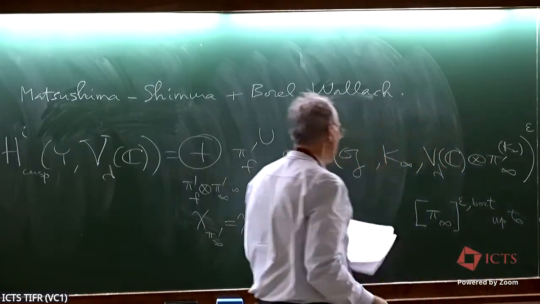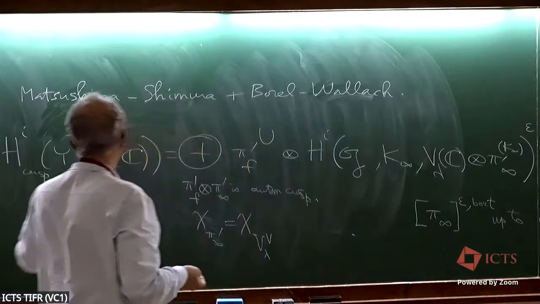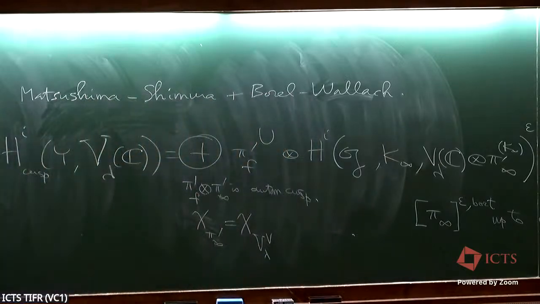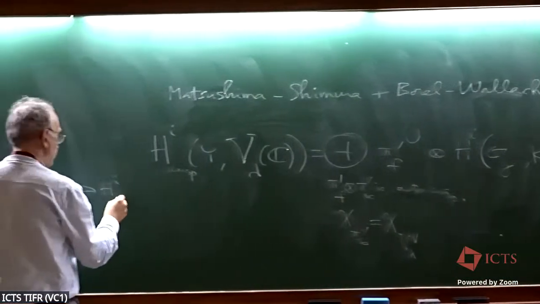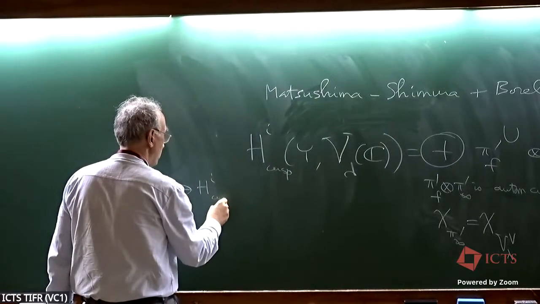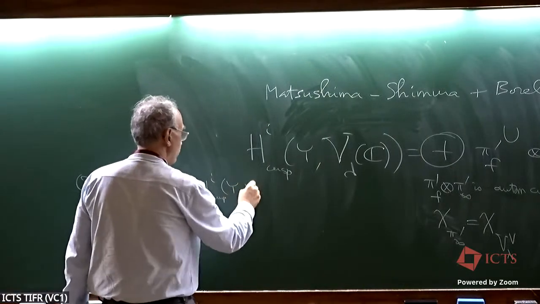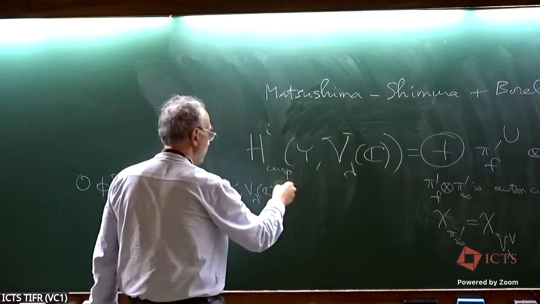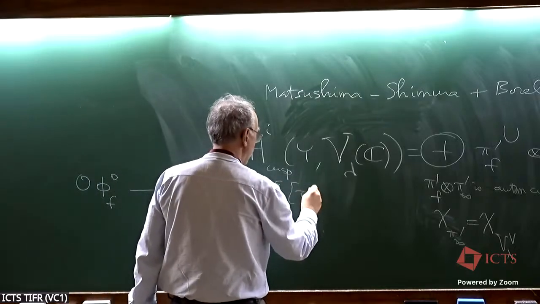So then, of course, the map that we are studying is nothing but O phi_f^0 goes to this, to H^I cuspidal Y V lambda C epsilon pi_f^U.